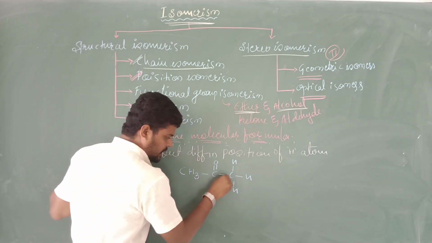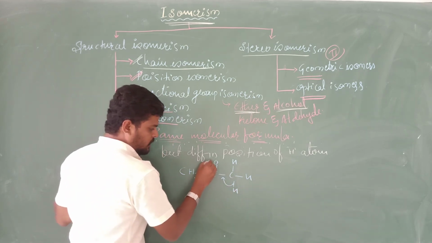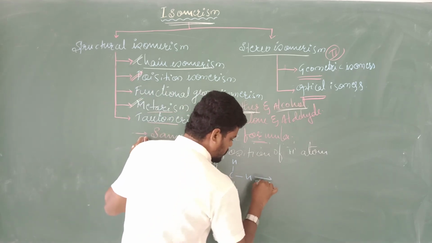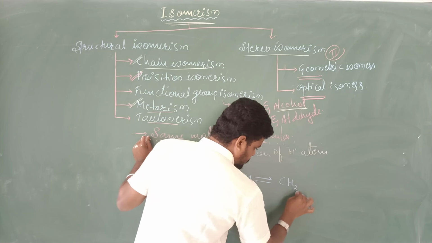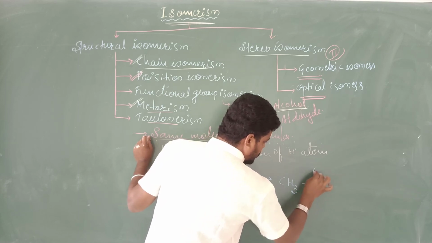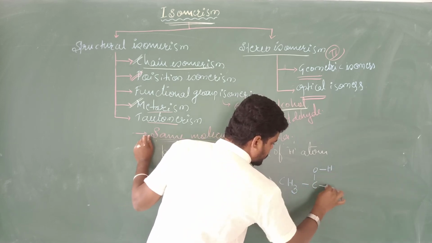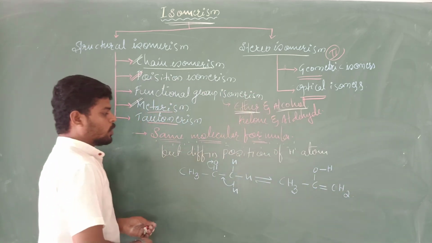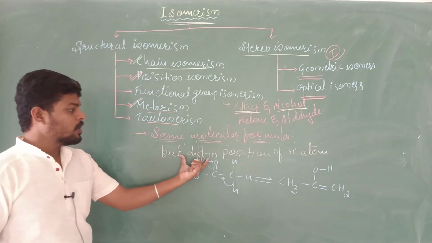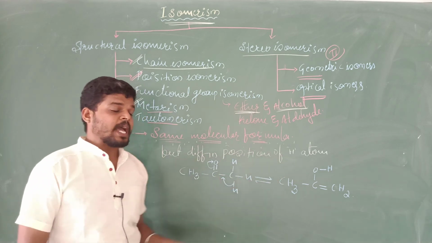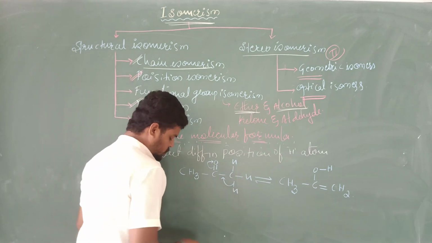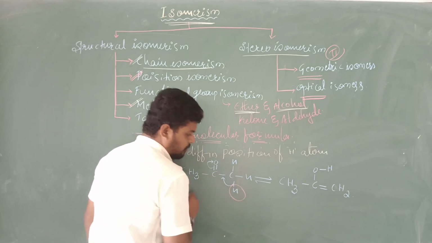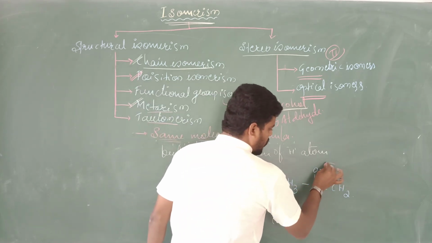ದಟ್ ಡೊನೇಟ್ಸ್ ಎಲೆಕ್ಟ್ರಾನ್ ಹಿಯರ್ and here movement of electron takes place and the formation of CH3 COH double bond CH2. So ಇಲ್ಲಿ ಏನಾಯ್ತು, ಬಟ್ ಡಿಫರ್ ಇನ್ ಪೊಸಿಷನ್ ಆಫ್ ಹೈಡ್ರೋಜನ್ ಆಟಮ್. ಸೊ ಇಲ್ಲಿರ್ತಕ್ಕಂಥ ಹೈಡ್ರೋಜನ್ ಆಟಮ್ ವಿಚ್ ಈಸ್ ಪ್ರೆಸೆಂಟ್ ಆನ್ ಅ ಕಾರ್ಬನ್ ಆಟಮ್ will shift to an oxygen atom.